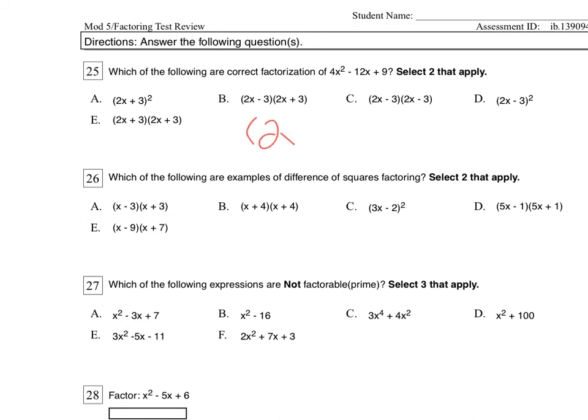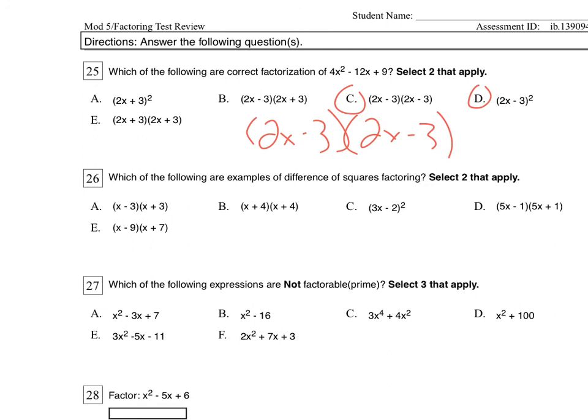You end up with 2x minus 3 times 2x minus 3. So that's C. But then they ask select 2 that apply, so what would be the other correct answer with that? Remember, when it's the same two binomials, we can write that as 2x minus 3 squared. Okay, so don't miss that little one there.